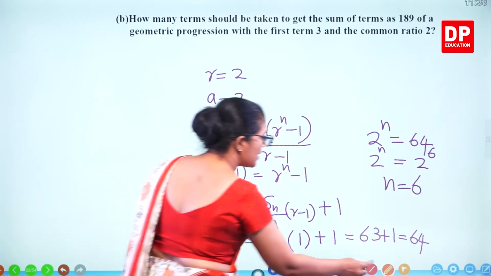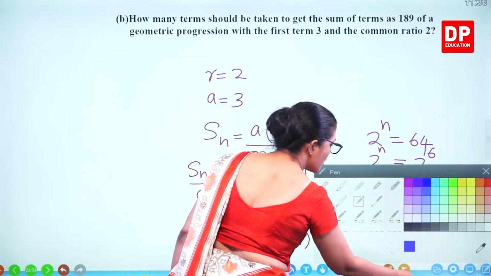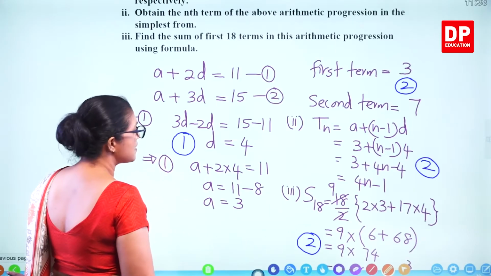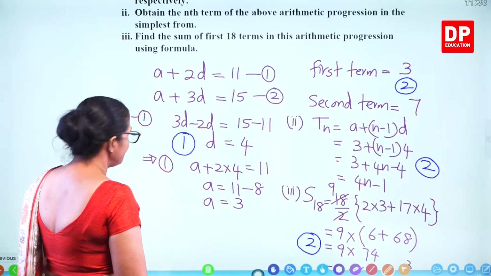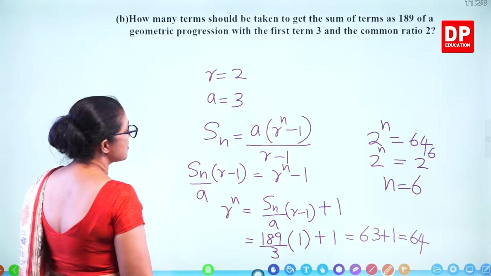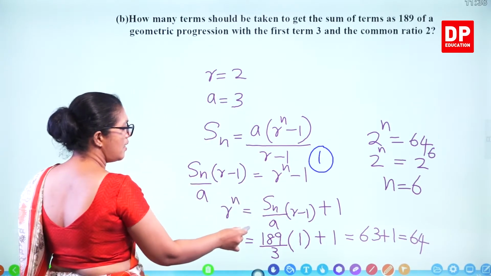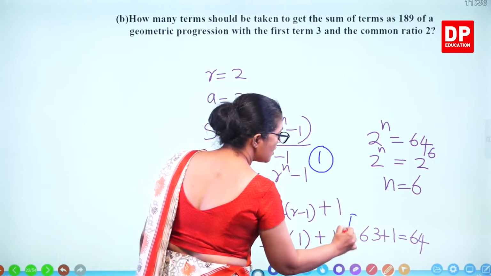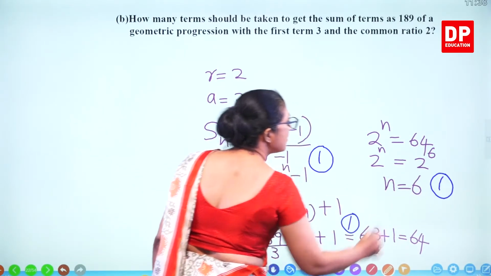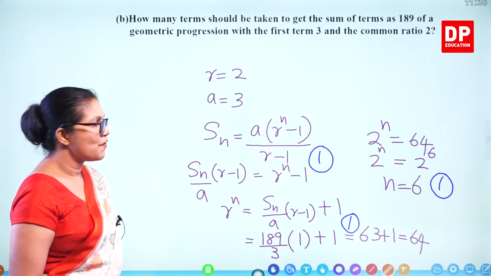So you can get 3 marks for this whole question because we gave 7 marks here. Making this the subject, substitution and finding n, altogether 3 marks for this part.